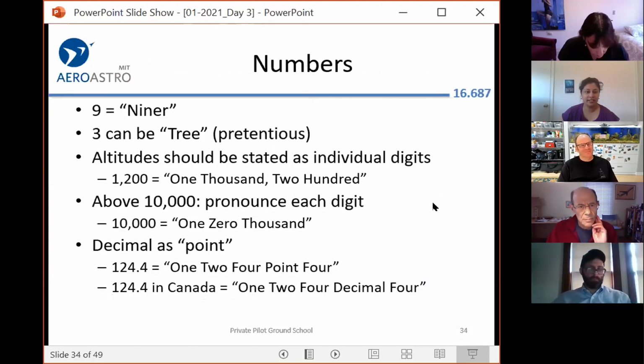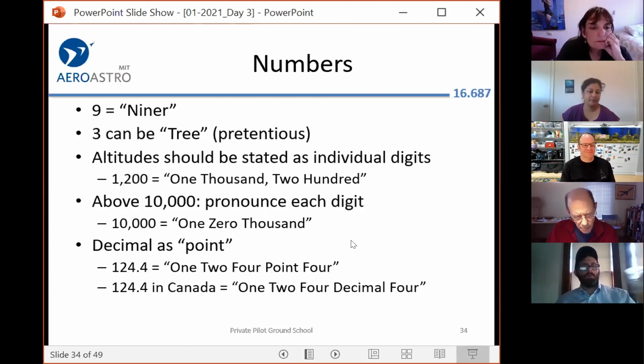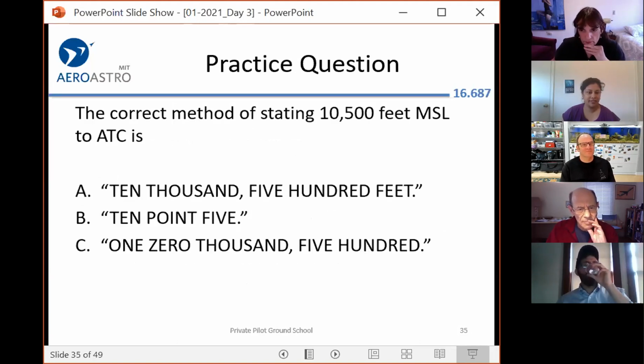The way that you say numbers is kind of interesting. There's a unique way of doing it. So we see, for example, frequencies, 124.4. Let me just ask a question, see how confused people are about this.